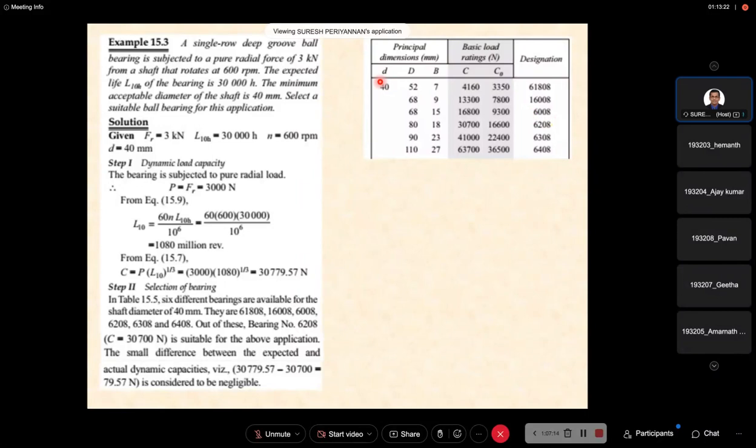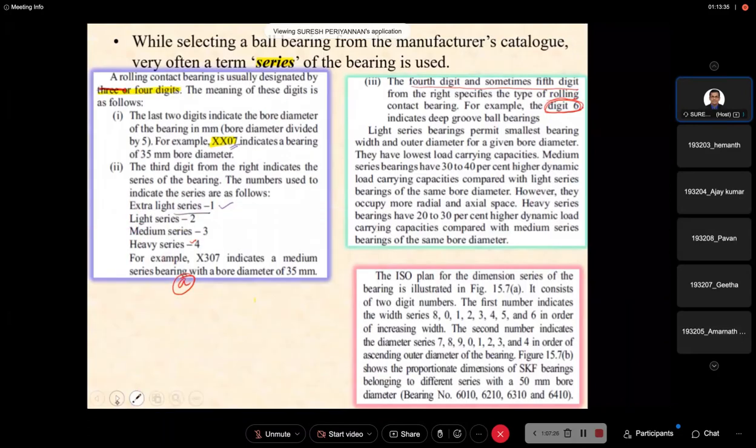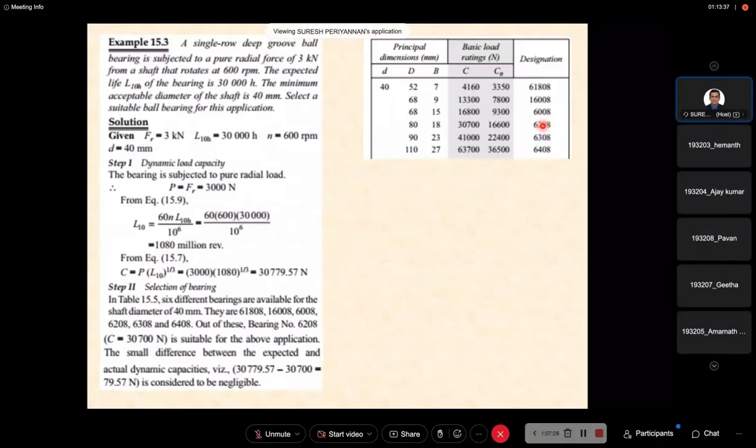Now 2 refers to whether it is a medium series or light series. I think it is a light series. And 6 refers to the fact that it is a rolling contact bearing.